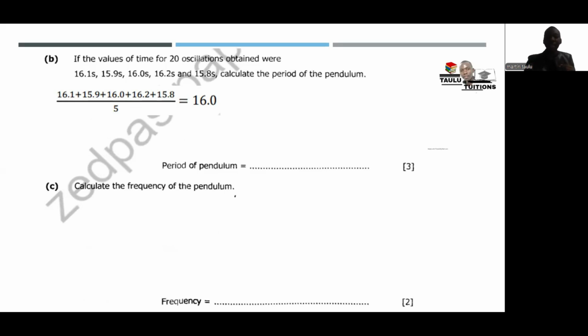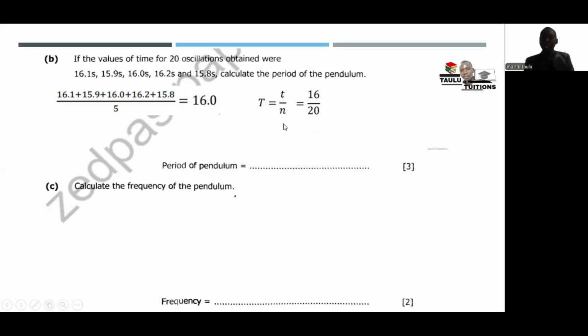After finding the time, we can now use our formula. Period is equal to time taken over the number of oscillations. So the time that we are using is 16, the average we have just found, divided by how many oscillations we are dealing with here. The question has made it clear that these values are of time for 20 oscillations.